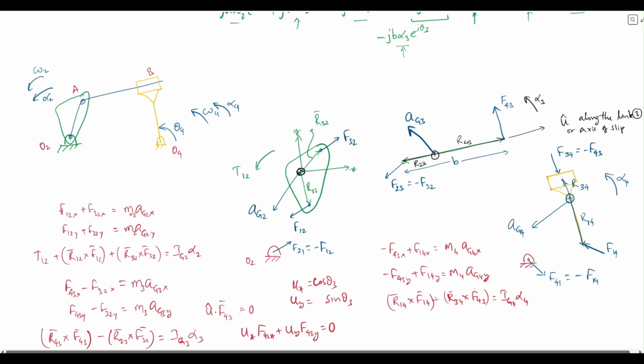So you got 10 equations. These are 3, 3, and 3 for the links, and an additional equation which ensures that F43's direction is orthogonal to the axis of slip.